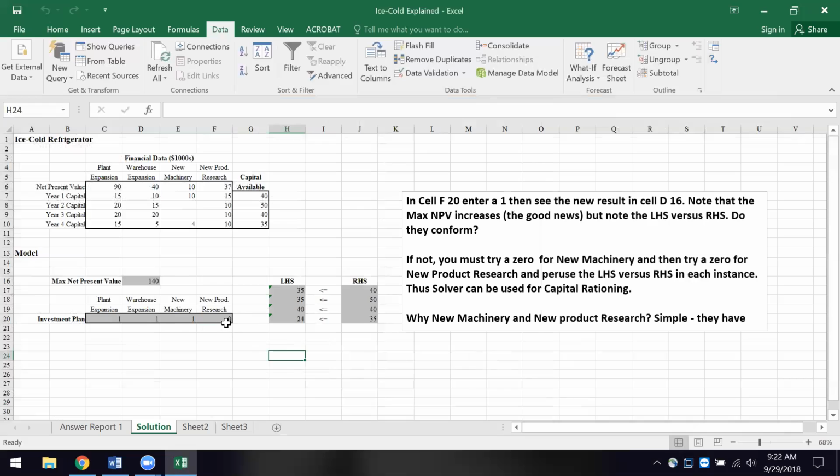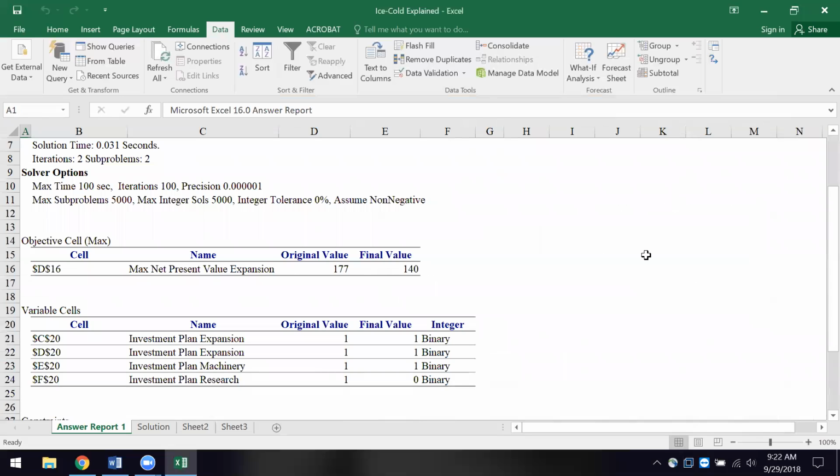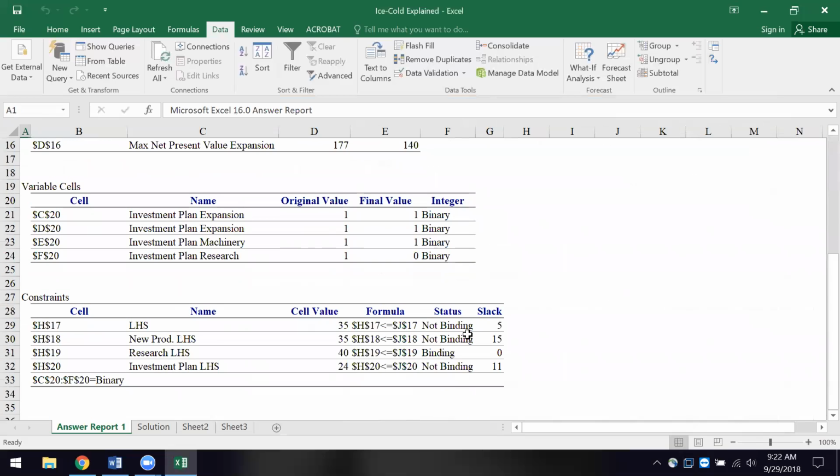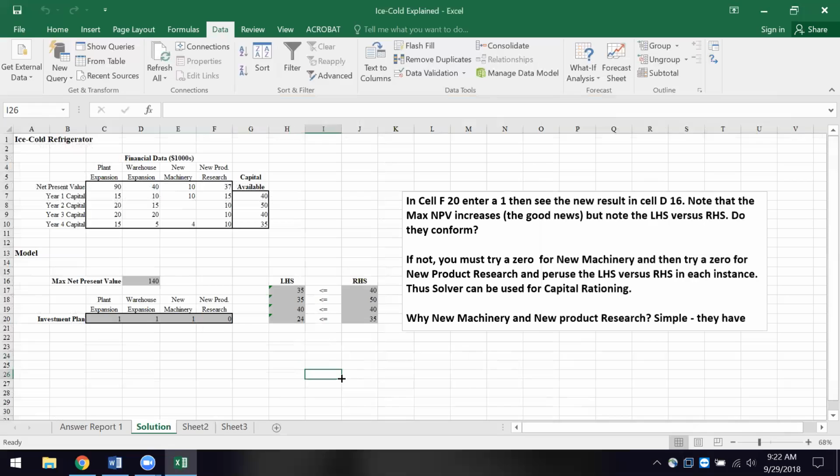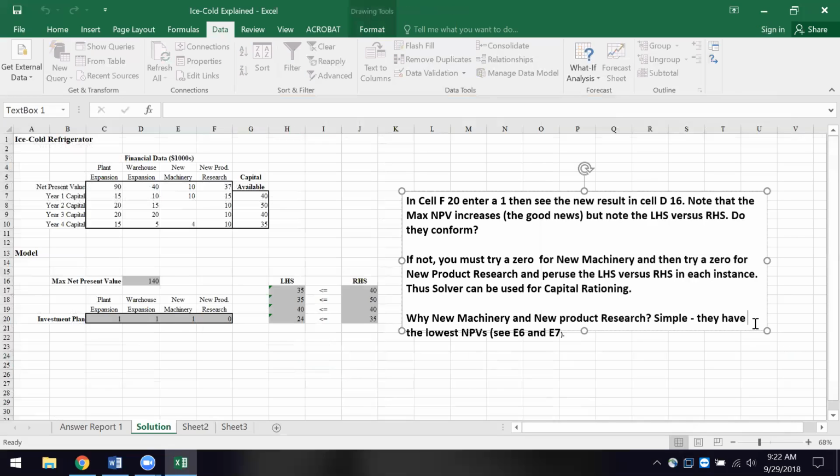Now, when we got that solution, we'll walk through this. So again, I give you some more verbiage here. And the new machinery and the new product research have the lowest NPV. Okay, so we're trying to maximize it.